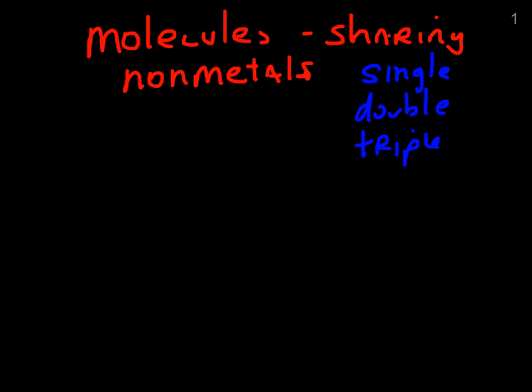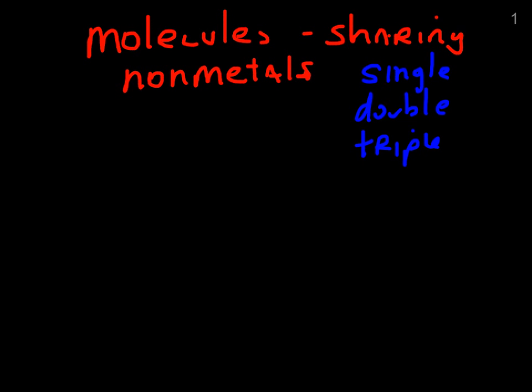And what that means to you is that there's a lot more possibilities for molecules, their structures, than there were in ionic compounds. Ionic compounds were kind of boring. They were just positive and negative ions all stuck together like magnets in a crystal lattice. Here, covalently bonded molecules take on some really intricate shapes that we'll talk about.